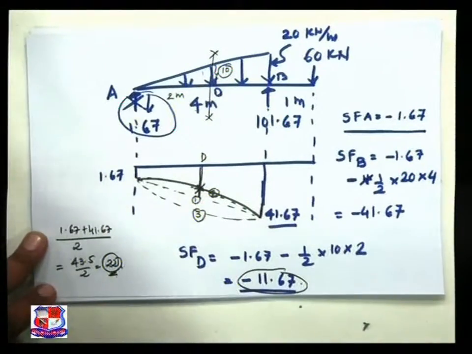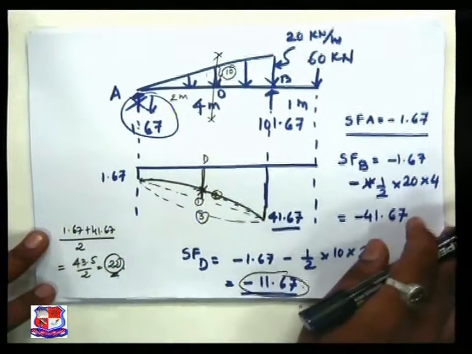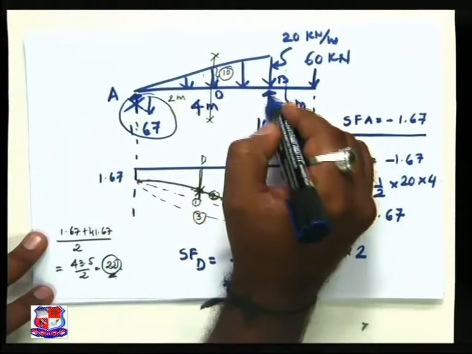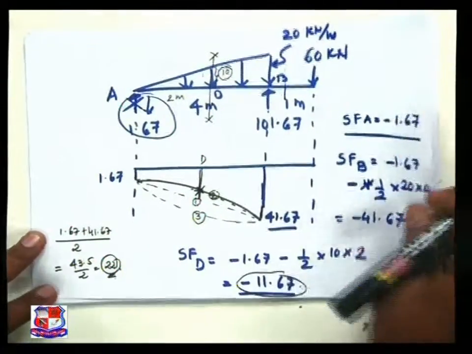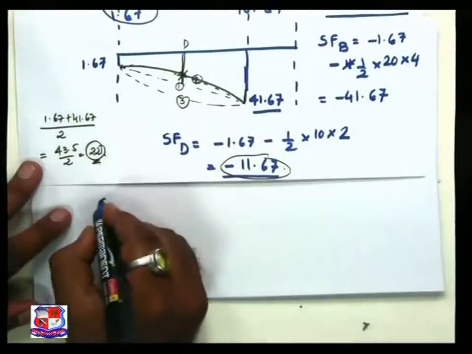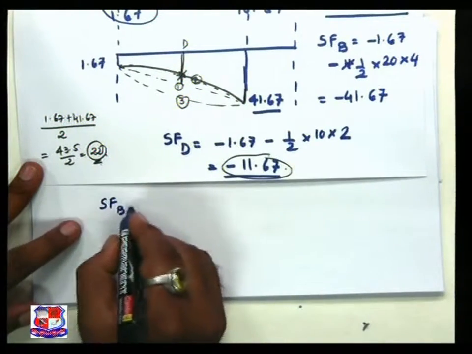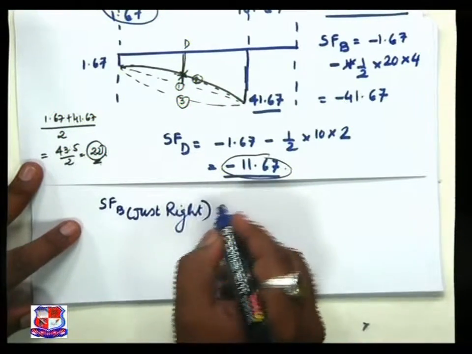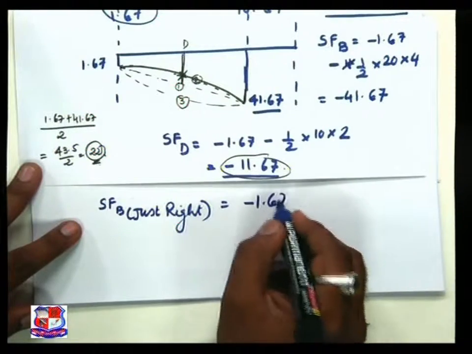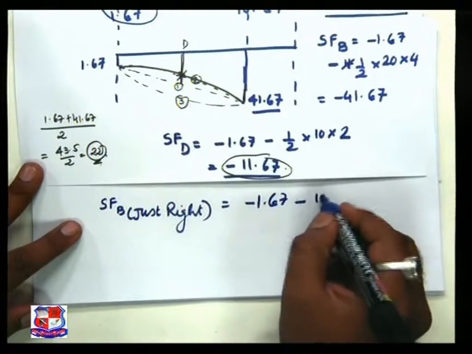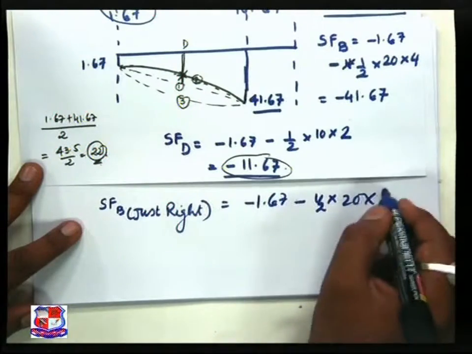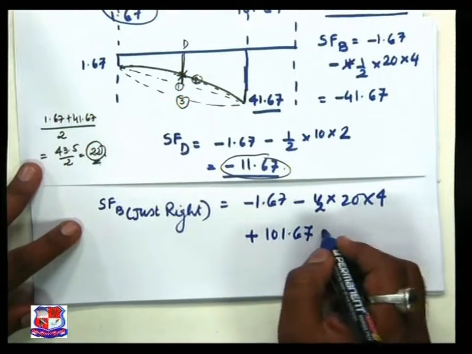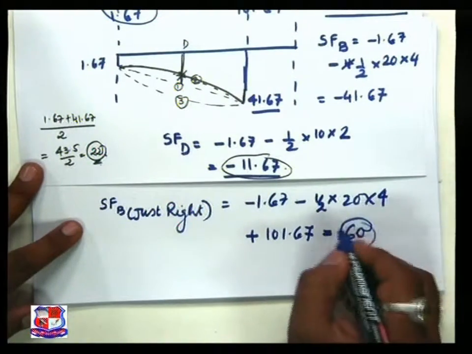Now if we take the section just right of B over here, then this reaction also comes into the picture. So if I take the shear force at B just right, it is equal to minus 1.67 minus half into 20 into 4 plus 101.67, and that we achieve as 60, plus sign.